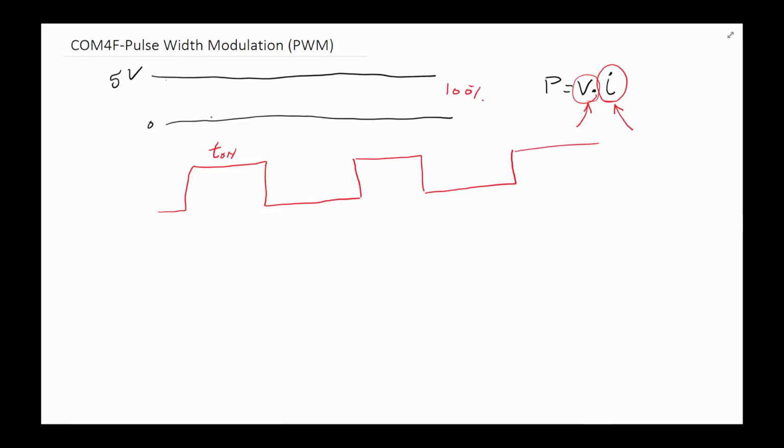So instead of giving a DC voltage, they give it more or less a square wave signal. The upper part is going to be 5 volts, the lower part is going to be 0 volts.